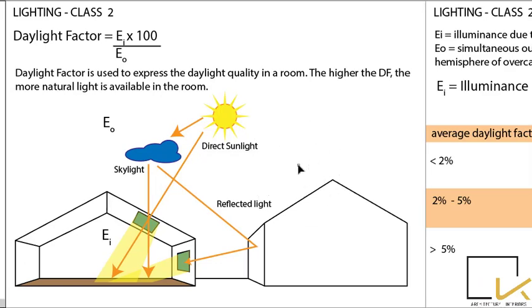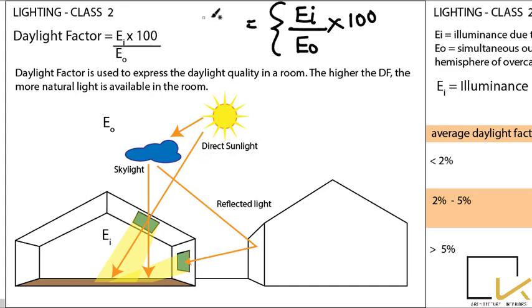So the next concept is daylight factor. Daylight factor is nothing but the ratio of illumination inside, E, in lux, divided by illumination outside, times 100. This value gives a factor known as daylight factor.